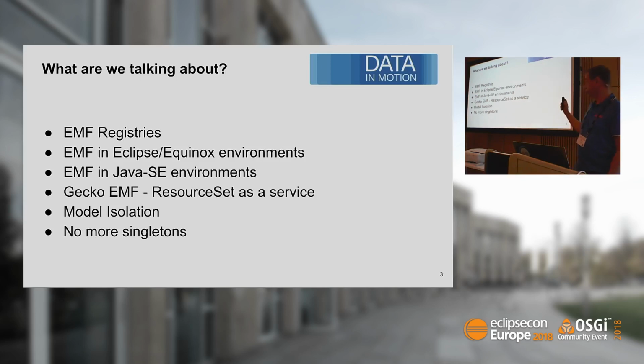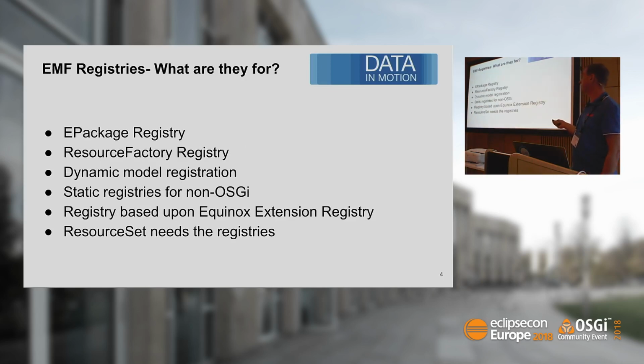And I will briefly talk about EMF in an ordinary Java SE environment, and then I will show you how our implementation works. It's called Gecko EMF, and it's an implementation of EMF registries in pure OSGi. And we have ResourceSets as a service. We have model isolation, and I will show you some stuff in code, in examples.